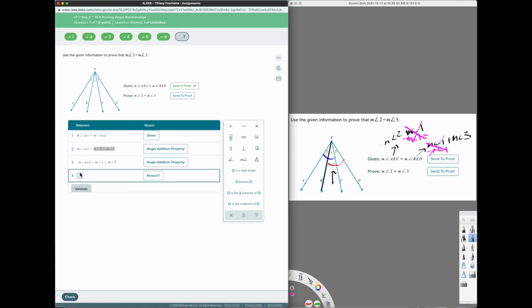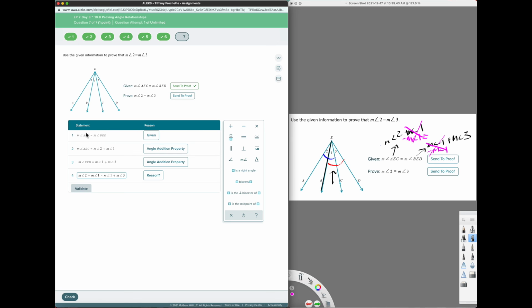Like that. And then instead of BED, I'm going to type in this expression here, which is angles 1 and 3, like that. And the reason here is I'm substituting. Remember, I'm taking this whole expression and substituting it for AEC because they're the same thing.